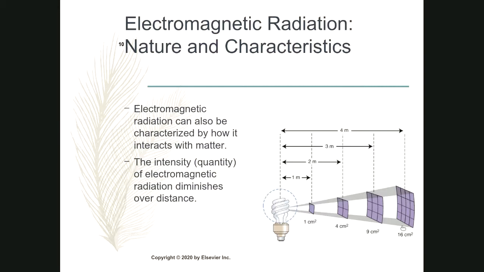Like if you're trying to read something right up next to the lamp, you're going to be able to read pretty well. But if you go 12 feet away from that light source, you're probably not going to be able to read it as well as when you were right up next to it. So the same thing happens with radiation. When you're farther away from the source, you tend to get less radiation. But the closer you are to the source, you get more radiation.